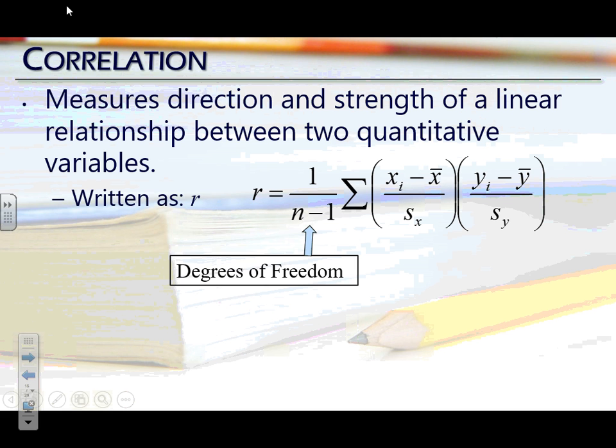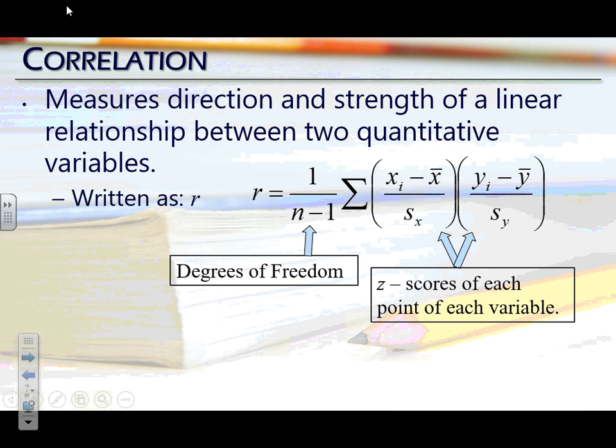Okay? So in this formula, there's stuff that we have seen before. We have our degrees of freedom, so number of observations minus 1. However many total observations we have, we subtract 1, we get our degrees of freedom. And then these two pieces inside the formula are the z-scores for each individual variable. So we calculate the z-score for every single x value.